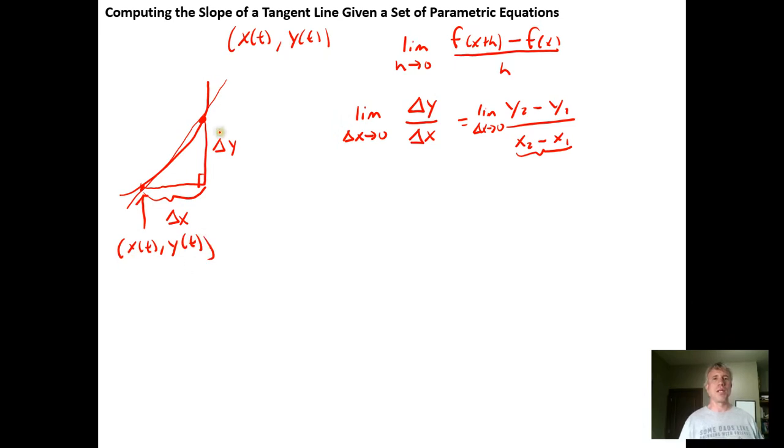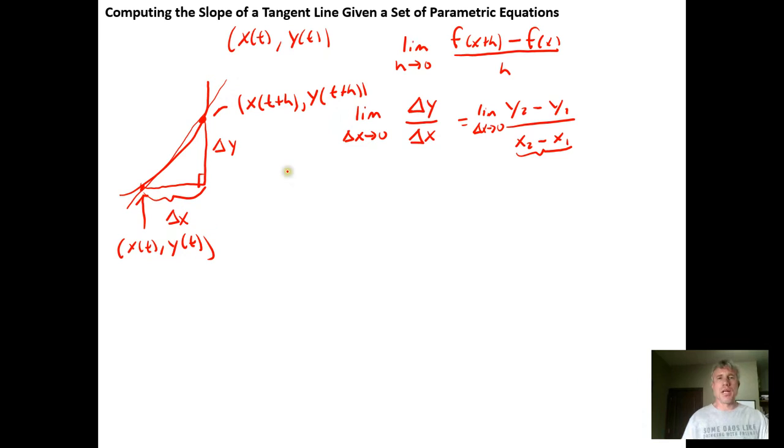The second point corresponds to x of t plus h and y of t plus h, where h is the change in time between those 2 points. It's a delta t in this context.